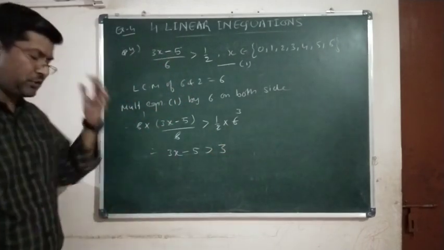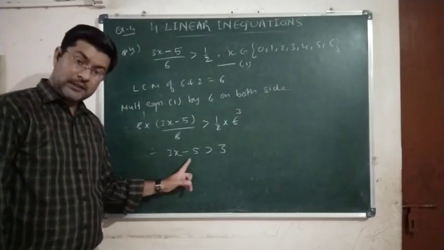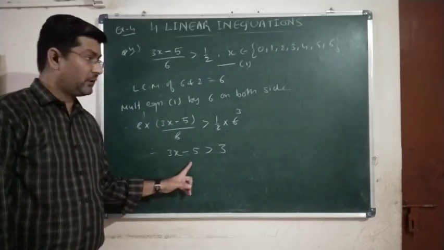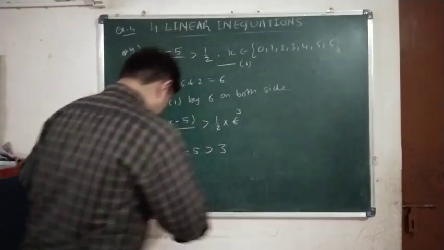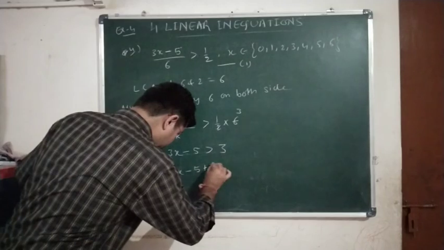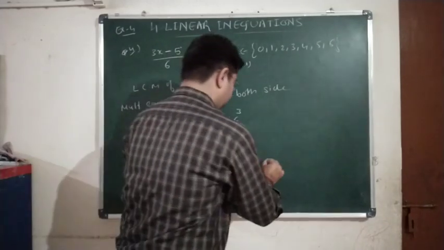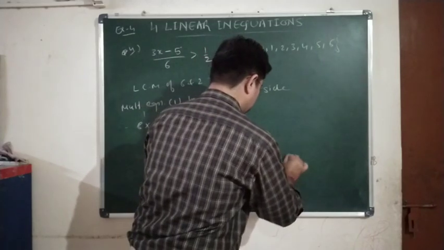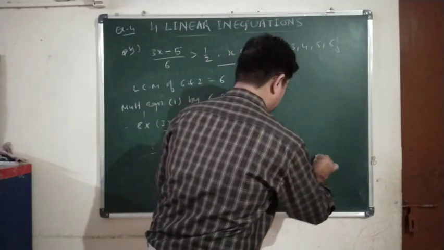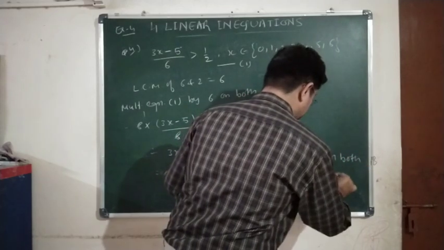Now as usual we will solve the same way. We will remove -5 first. So what shall we do? Adding 5 on both the sides. Therefore 3x - 5 + 5 is greater than 3 + 5, since adding 5 on both sides.